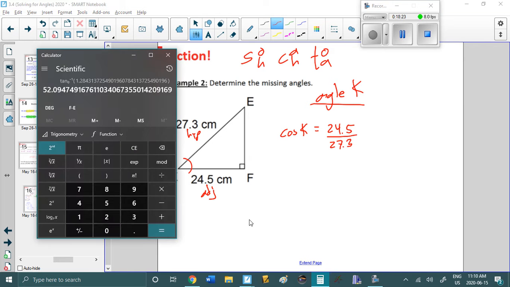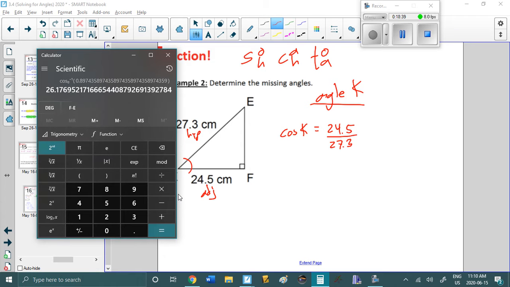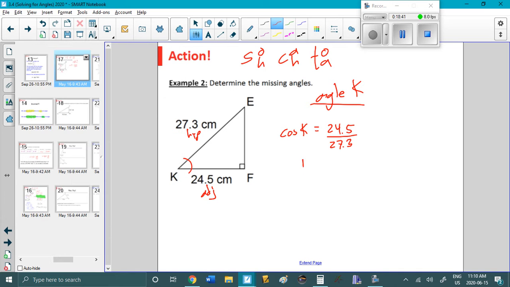And then I go to my calculator. And I do 24.5 divided by 27.3 equals, again, two-line people, you might already be done. And now I do second cos, and that's it. I get 26 degrees. So K equals approximately 26 degrees. And now to find angle E, I'm going to do it the quick way.